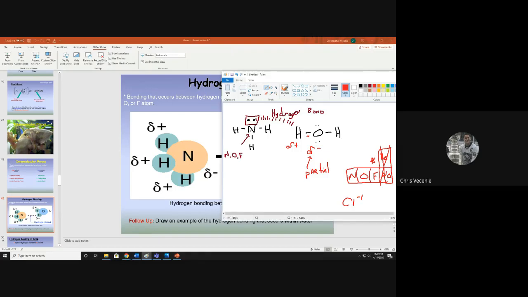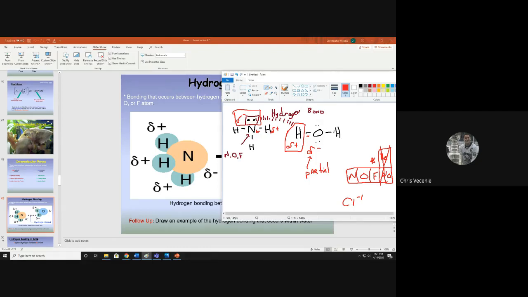This happens over here as well. The nitrogen is way more attractive than the hydrogen is. So this H is partially positive because these electrons lean this way, which makes the nitrogen partially negative. So you get this partial positive of hydrogen sees the partial negative of the nitrogen, and we get opposite charge attraction, positive negative attraction.